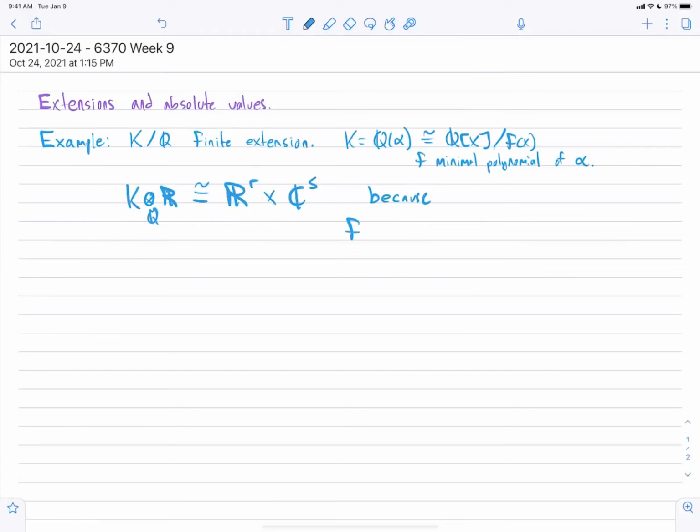f(x) factors in R[x]. So if I look at this presentation as Q[x] mod f(x), well, f(x) factors in R[x] into a product of linear terms and s quadratic terms.